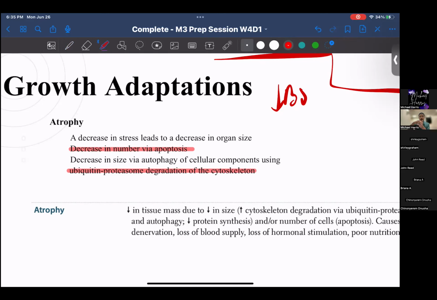So you can either have it at the cellular level, where you decrease proteins and that cell shrinks, or at the organ level, where you kill off cells and the organ shrinks. Either way, you have shrinkage of the organ. Okay? Good? All right, perfect.